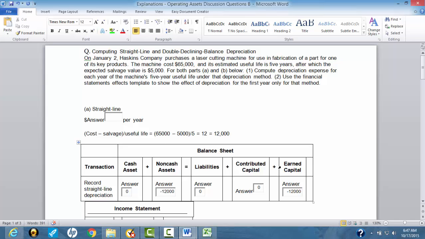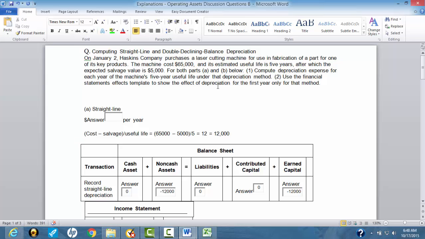The machine costs $65,000. Estimated useful life is 5 years, after which the salvage value is $5,000. The salvage value is the scrap value. That means at the end of the useful life the equipment can be sold as scrap for $5,000.